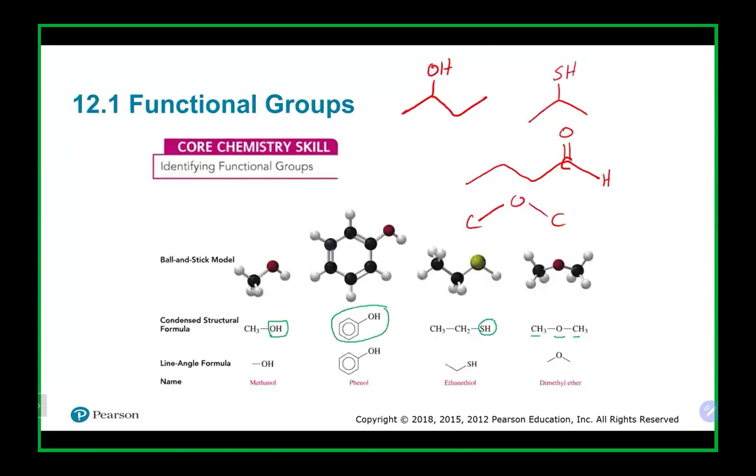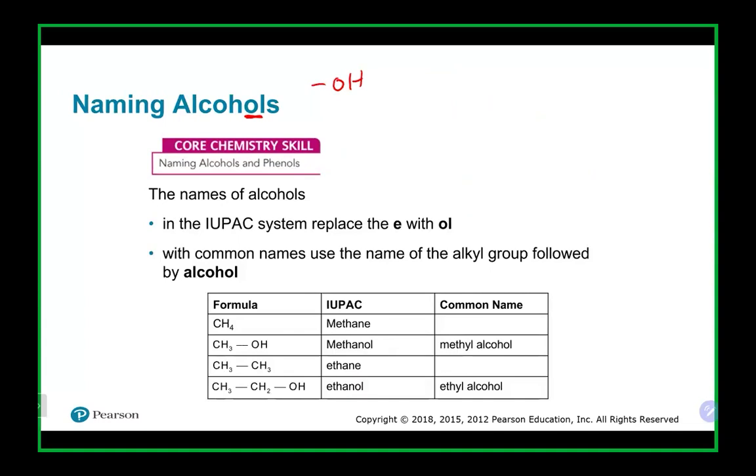So we take our longest carbon chain, and again, it does need to have the OH group as part of that longest carbon chain. And we drop the last part of the alkane name, and we put OL at the back end of it.